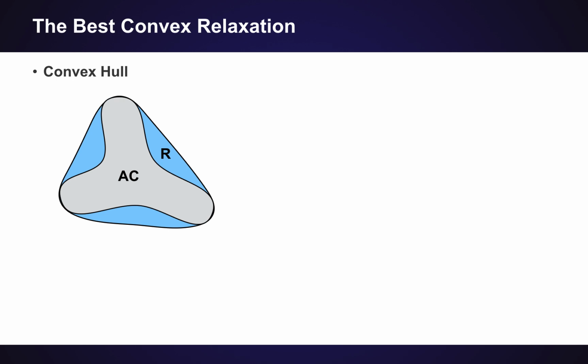So as an illustration, you can see here that this set R is a convex hull of this non-convex set, because if you try to tighten it into any of these little elbow shapes, you will result in a non-convex set.